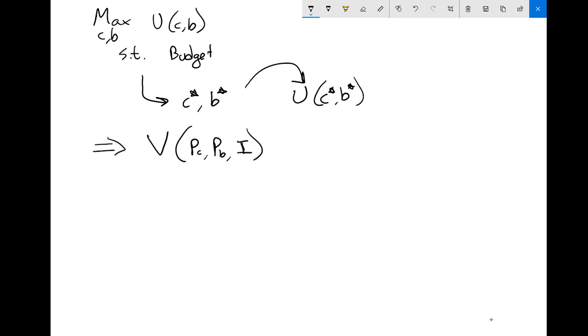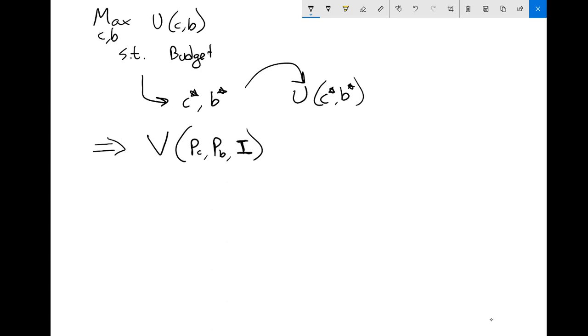So now let's say that we wanted to know some things about how changes in the parameters might affect the ultimate utility that is derived by the agent. So this indirect utility function will give me utility taking the parameters as inputs. So this indirect utility function will give us the utility at the optimal.